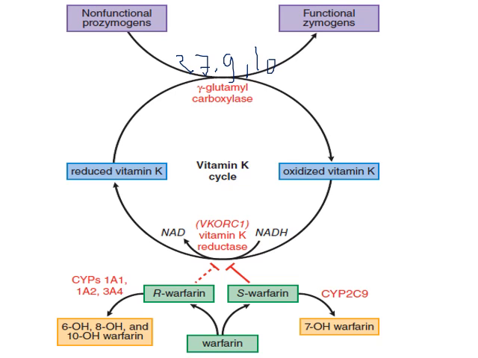When reduced vitamin K hydroquinone undergoes this process, it gets converted to oxidized vitamin K epoxide. Under the influence of the enzyme vitamin K epoxide reductase, this oxidized form gets converted back to its reduced form, vitamin K hydroquinone.